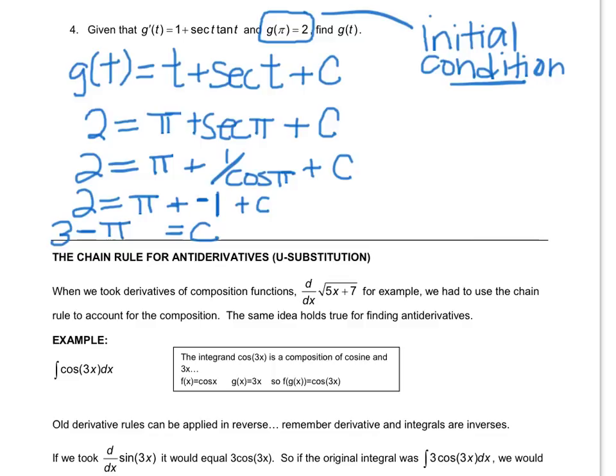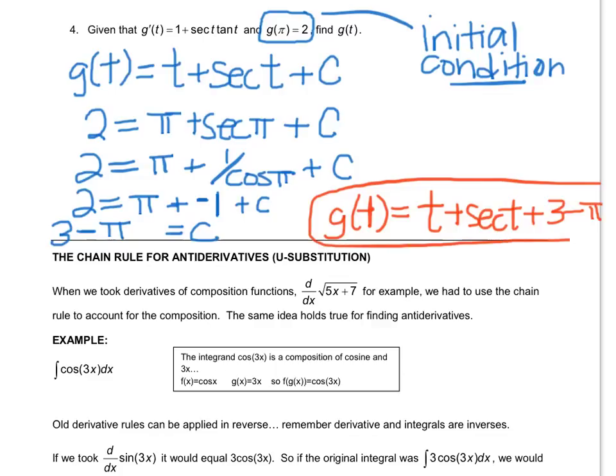So your final answer, and I'm going to change colors here to show you that this would be our final answer, our g of t function equals t plus the secant of t, and then instead of putting plus c, you're going to substitute your c value of 3 minus pi. This function, when you take the derivative of it, will give you g prime, and it will also satisfy the condition that g of pi equals 2.